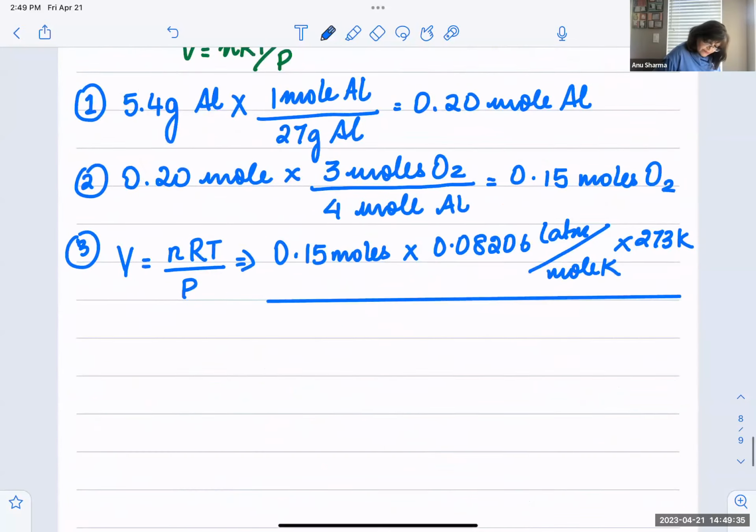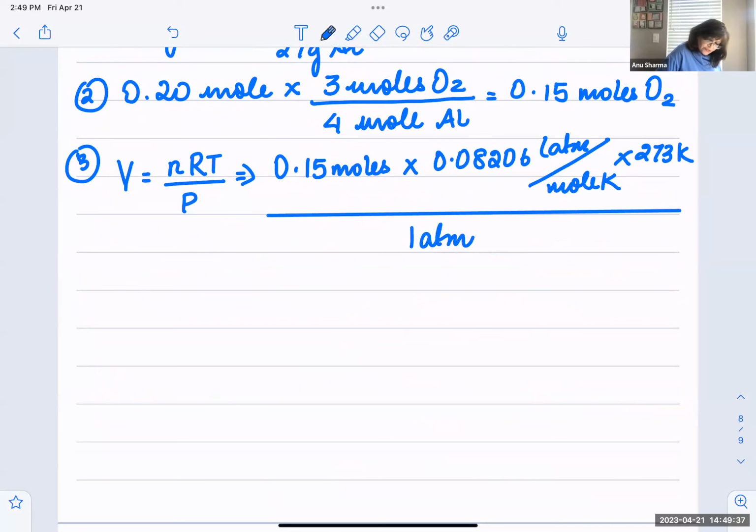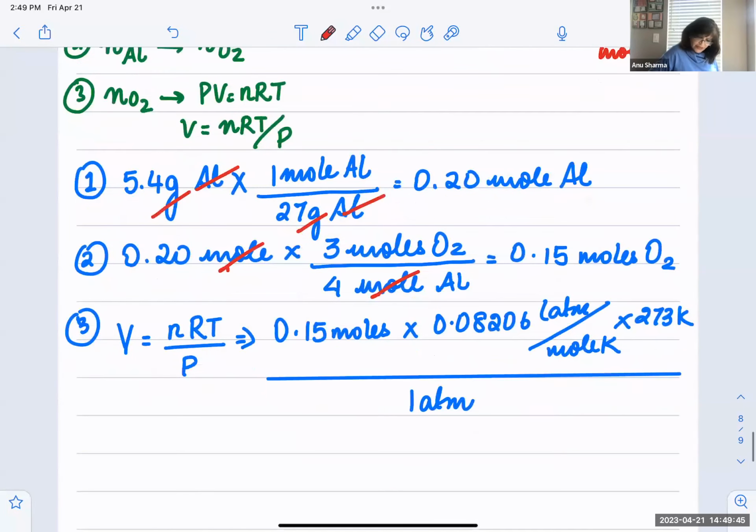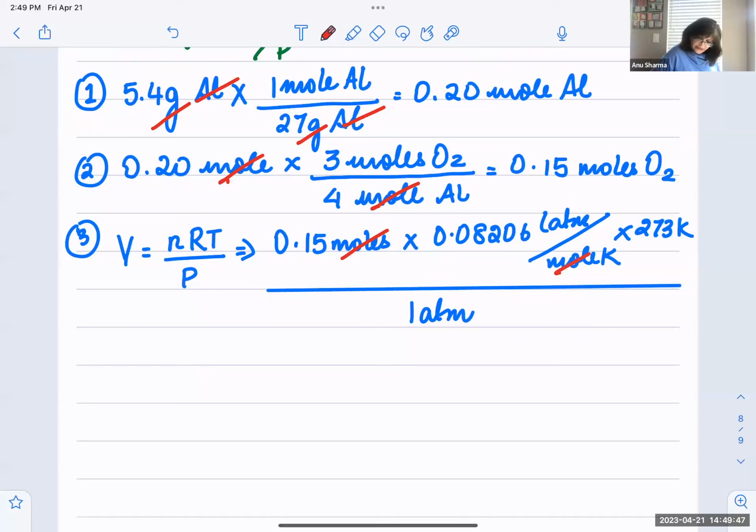When you set this up, the grams of aluminum cancel out, moles and moles of aluminum cancel out, moles and moles cancel out, K and K cancel out, atm and atm cancel out, and you're just left with the unit of volume.